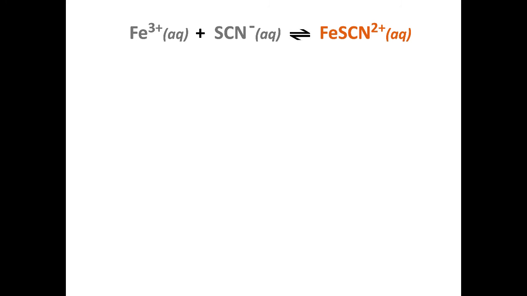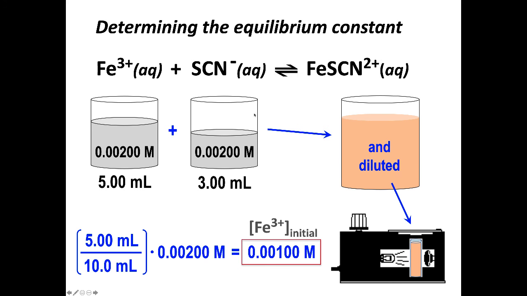Okay, now we're almost there. Here's the last thing. Now we're ready to determine the equilibrium constant, and we will do this by using the data collected and an ice table. And so our initial concentrations of FeSCN2+, Fe3+ and SCN- will be the things we determined here from this dilution.